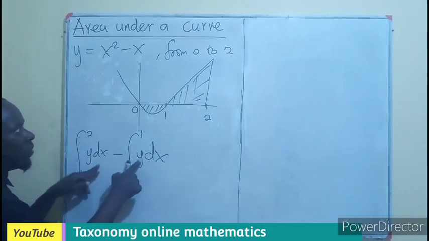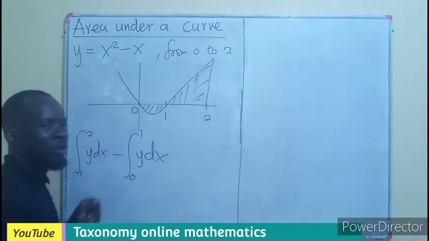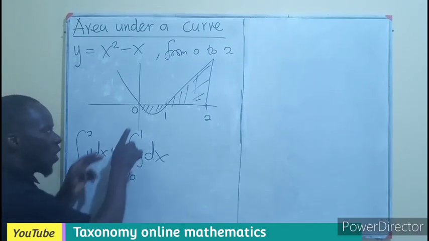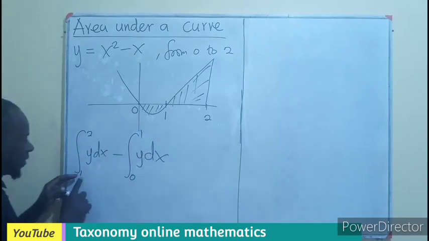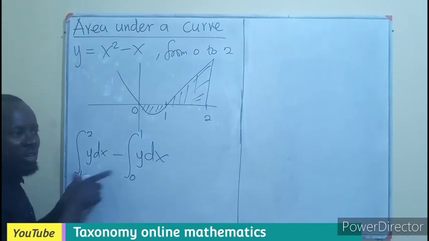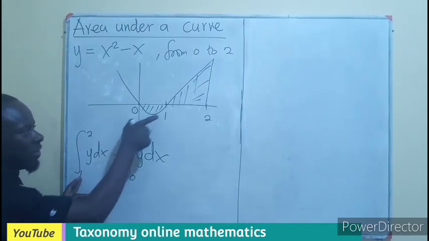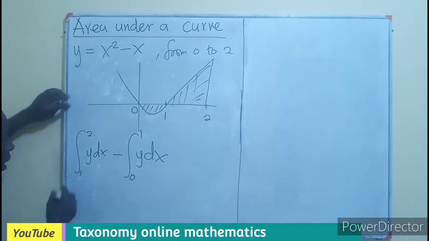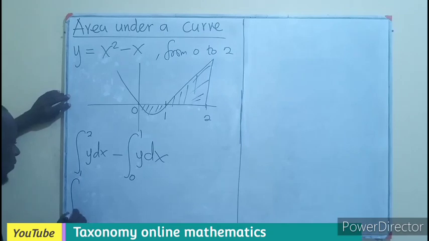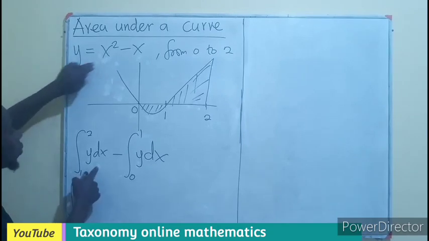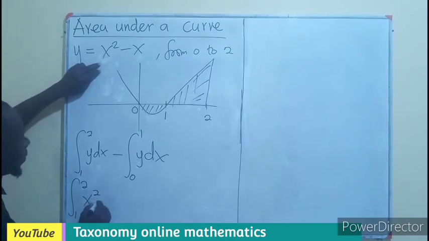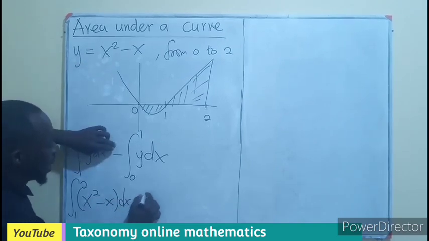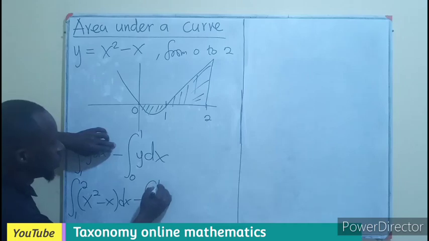Don't forget, it's the same function that we are going to integrate. It will be different from integrating all the way from 0 to 2, because this is having a below and having what? Above. So in this case, I have integral from 1 to 2 x squared minus x dx minus integral 0 to 1.